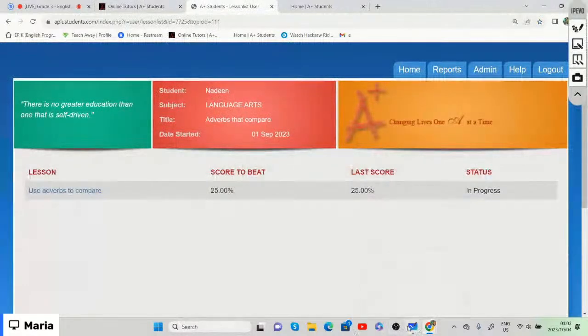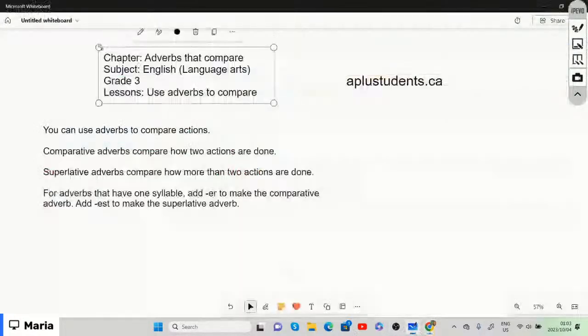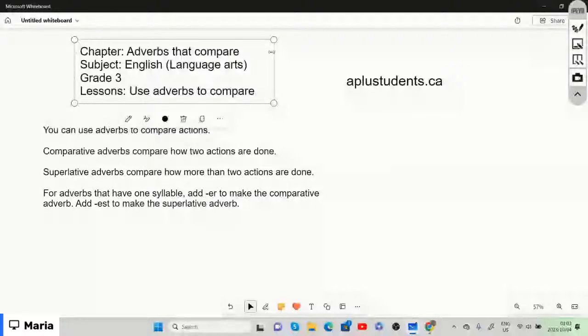All right. So our chapter is adverbs that compare. Our subject is English language arts, grade 3. And the lesson that we will be focusing on today is to use adverbs to compare.